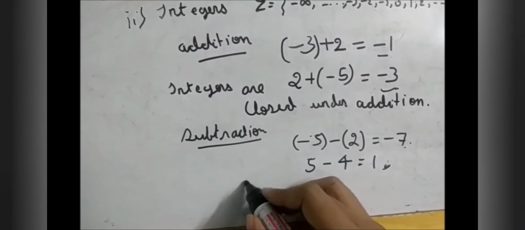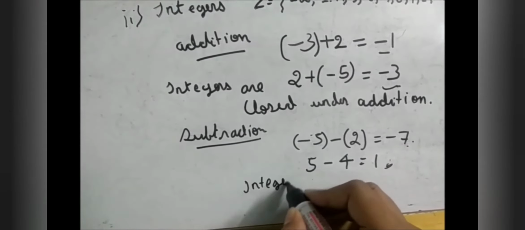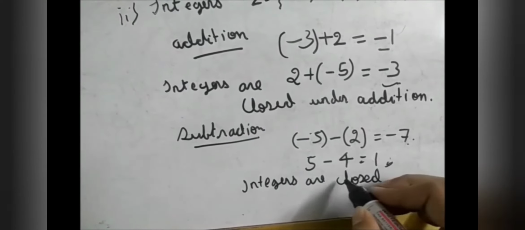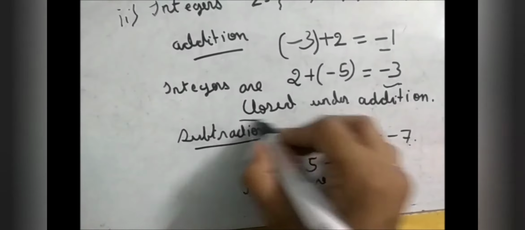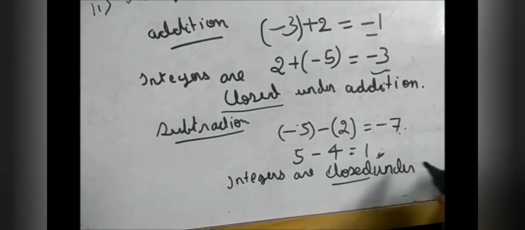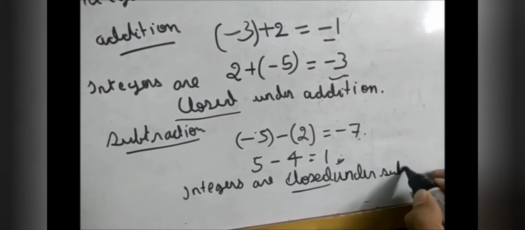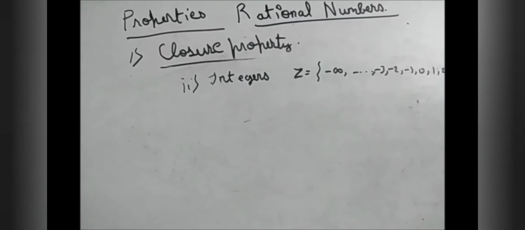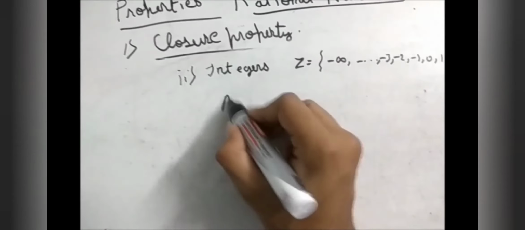So we can also conclude that integers are closed under subtraction. Now let's see multiplication.